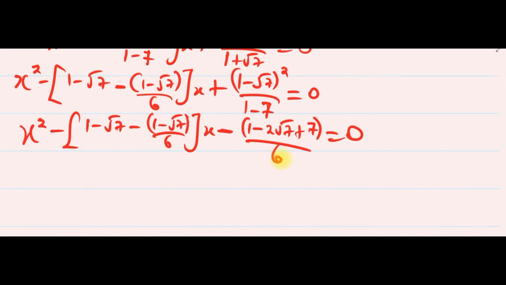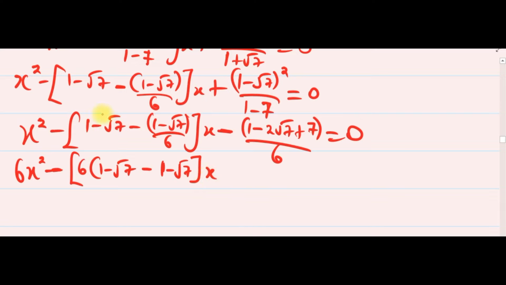So let's multiply each term by the LCM, which is 6. We have 6x squared minus 6 times 1 minus root 7 minus 1 minus root 7. I multiply this by 6, that's how this became this, and this by 6, that's how it became that.